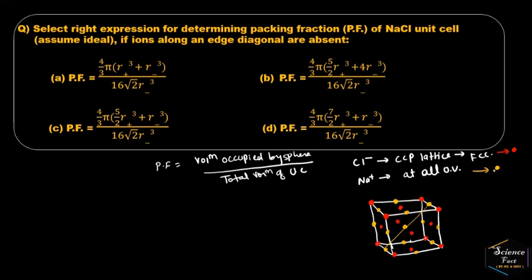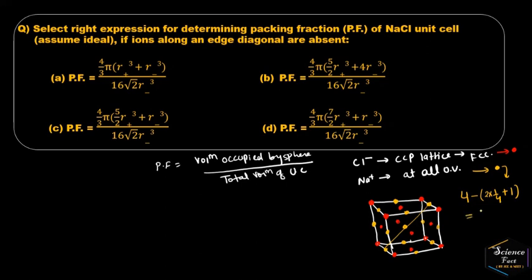The effective number of Na+ at all octahedral voids in an FCC lattice is 4. But if we remove these 3 atoms, what will happen? Two edge center Na+ ions are removed, so 2 into 1 by 4, because their contribution is only 1 by 4 with respect to one unit cell, plus 1 atom completely removed.